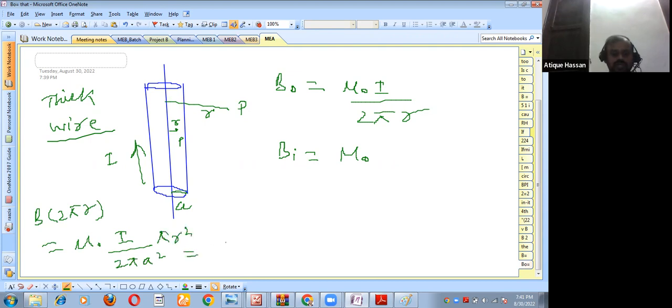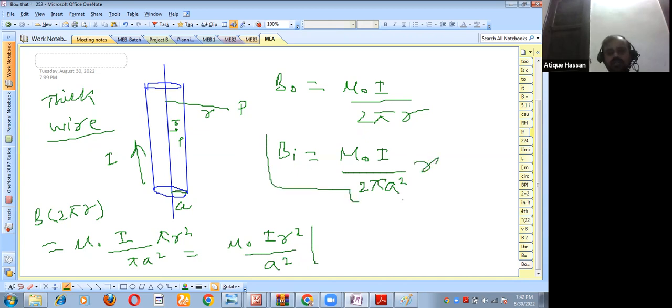So you will get it as mu naught I r square by a square. So you will get B as mu naught I by 2 pi a square into r. This is the magnetic field at inside point.